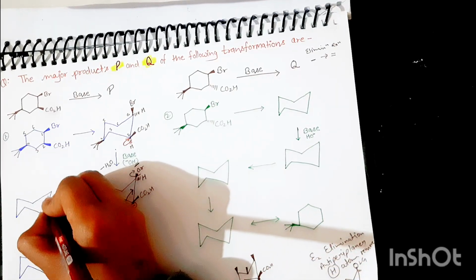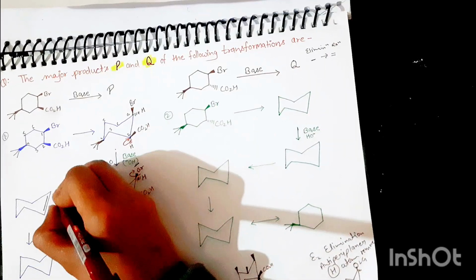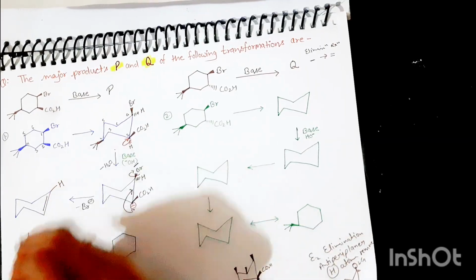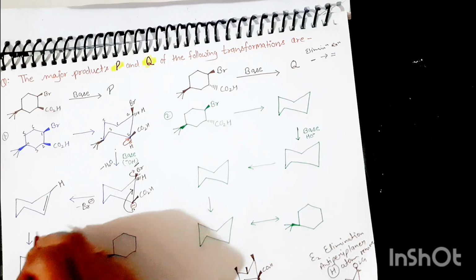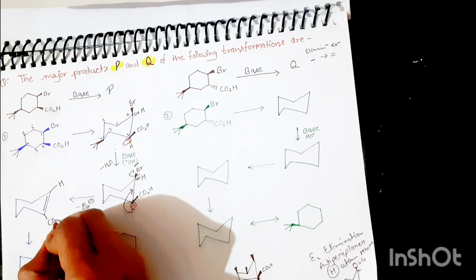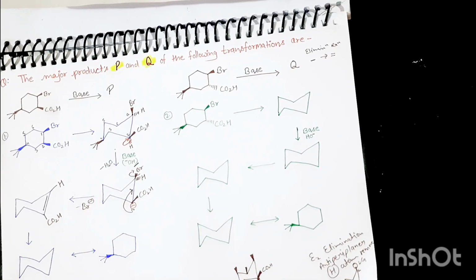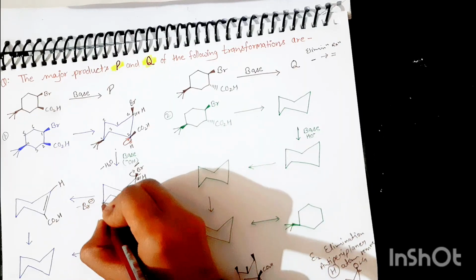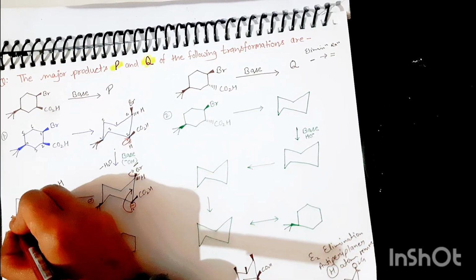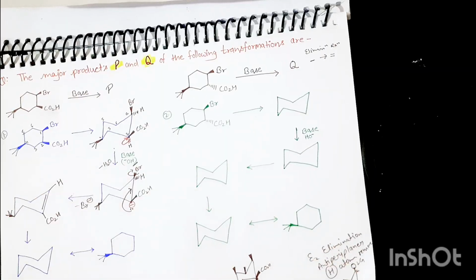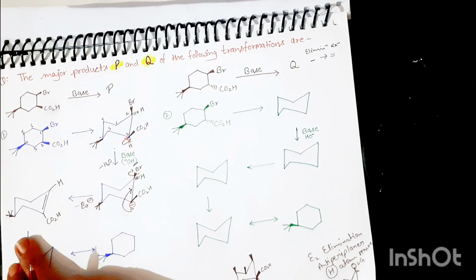So here one double bond forms, the hydrogen comes in plane, and CO2H also comes in plane, and the isopropyl group stays at the equatorial position. So this is our final product.